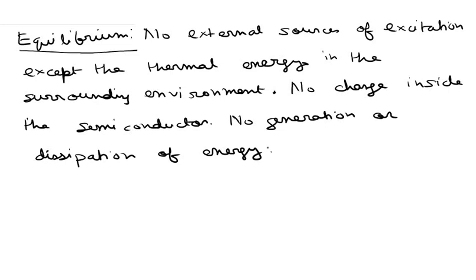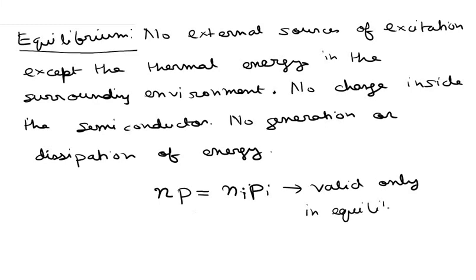Okay, and this equation, which is the law of mass action, np equals ni squared, is valid only in equilibrium. Okay, so this is what equilibrium basically is. So you take your semiconductor and just, let us say, keep it on the table, and do not apply any voltage or anything.